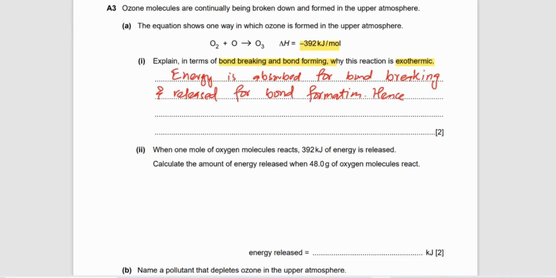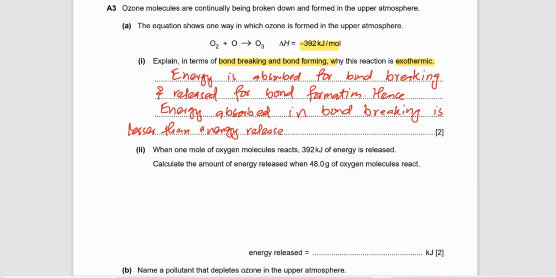Hence energy absorbed in bond breaking is lesser than energy released during bond formation. Okay, so it is exothermic.